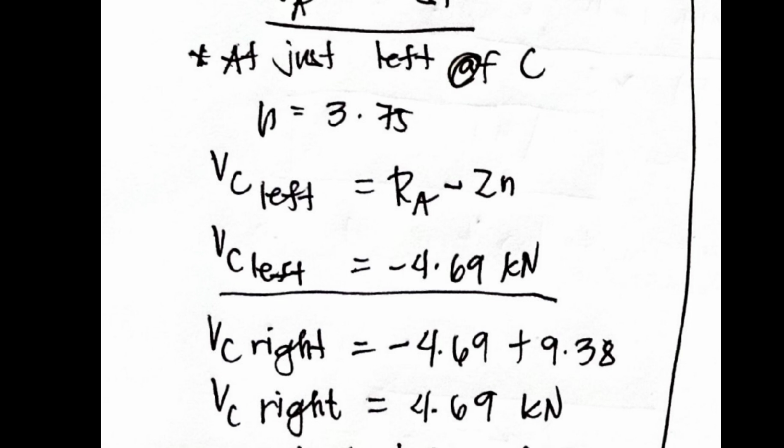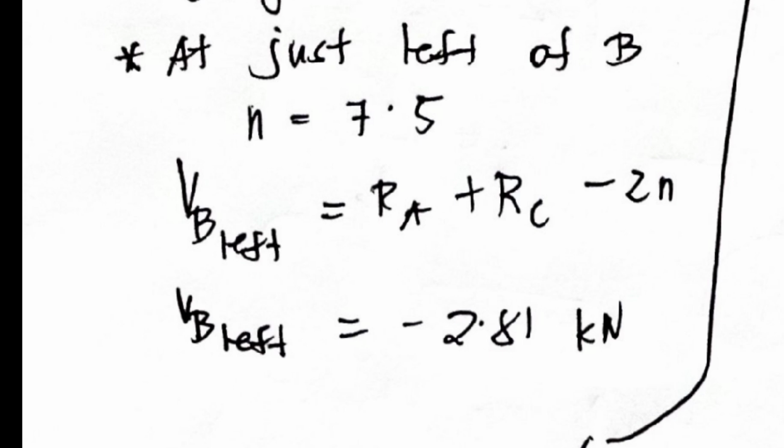VC right is negative 4.69 plus 9.38, so our VC right is 4.69 kN. At just left of B, N is equal to 7.5. So VB left is equal to RA plus RC minus 2N, which is negative 2.81 kN.